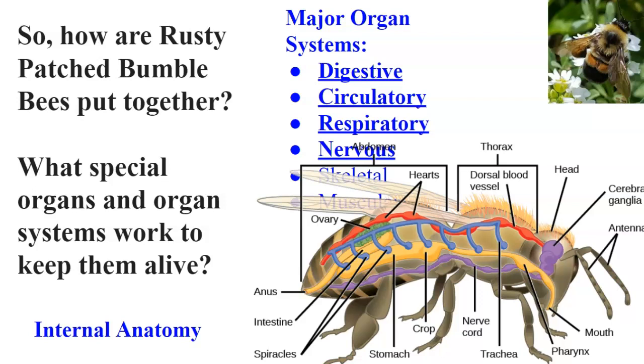They have a nerve cord that goes along the belly instead of the back, like on us. You can see that in purple. They have a digestive system starting from their mouth and going out to their anus where they poop, and organs in between, shown in yellow. They have a respiratory system that's a little simpler than ours, which you can see in blue on this diagram.